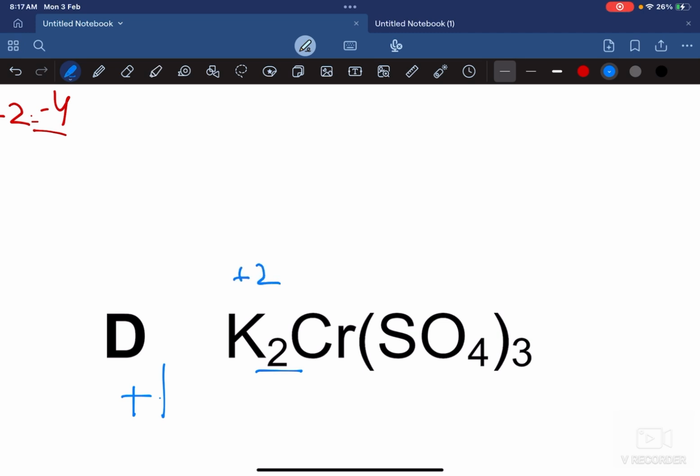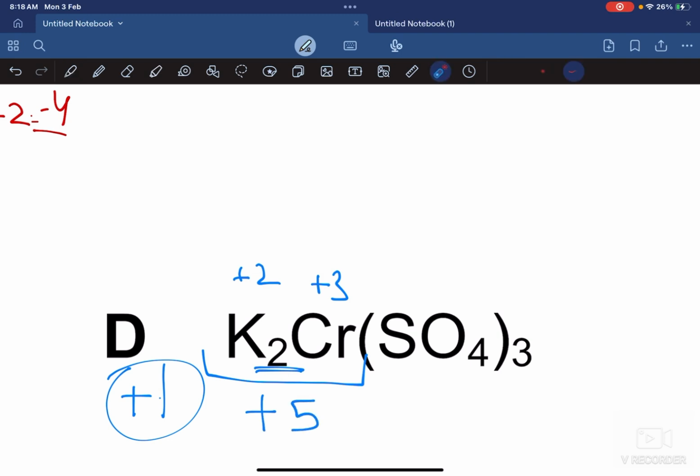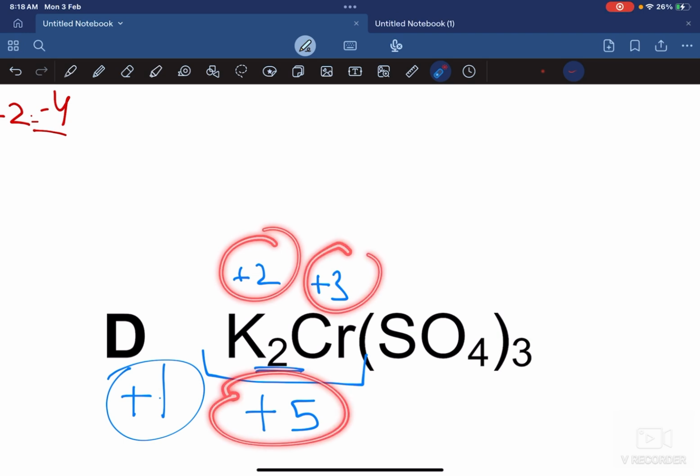If they ask you about potassium alone, it's +1, but now we have 2, that's why we're taking +2. Chromium, earlier in the question we were told it's +3. The net charge of this entire thing is +5. It's simple, I've just added 2 and 3, which makes +5. I hope that makes sense.